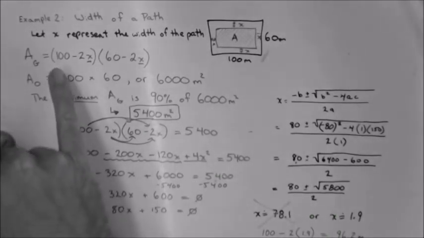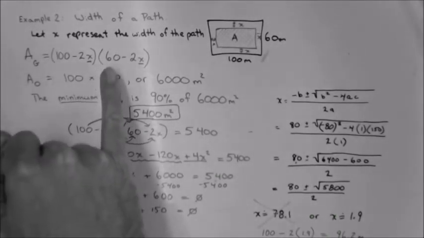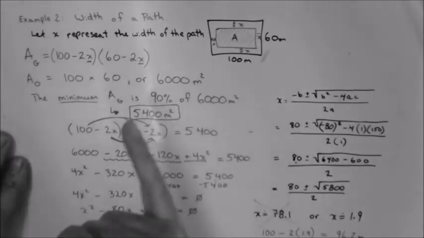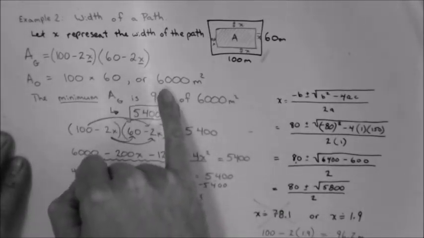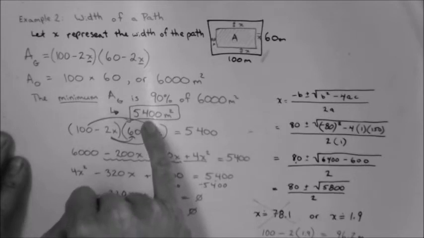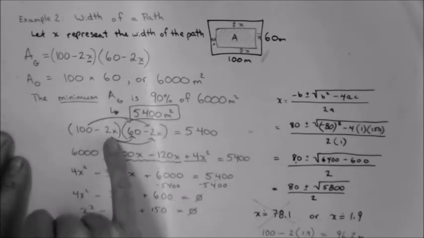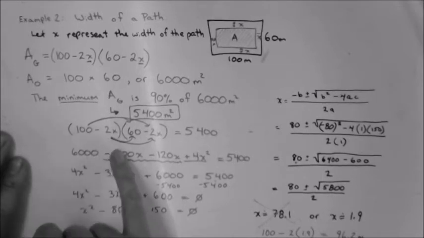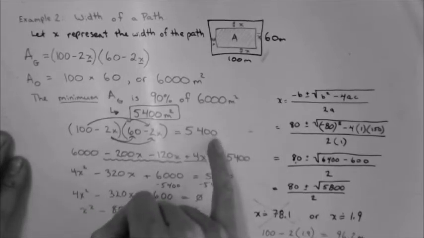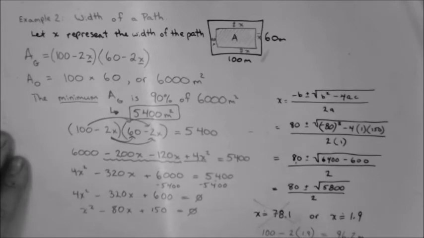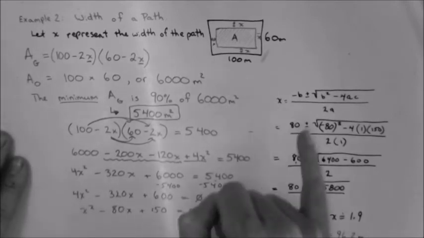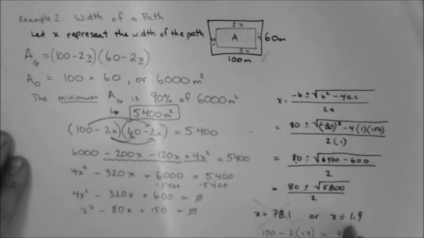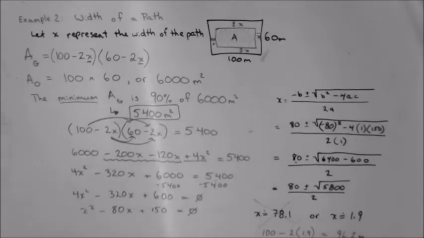So the new dimensions are 100 minus 2x and 60 minus 2x. We found out what 90% of the current area was, 5,400, and we found out what value of x would allow us to still have an area of at least 5,400. And we found out that that path width, using the quadratic formula, was 1.9.